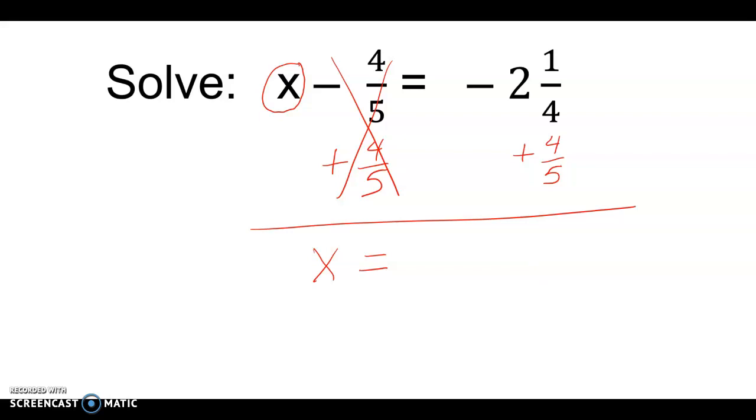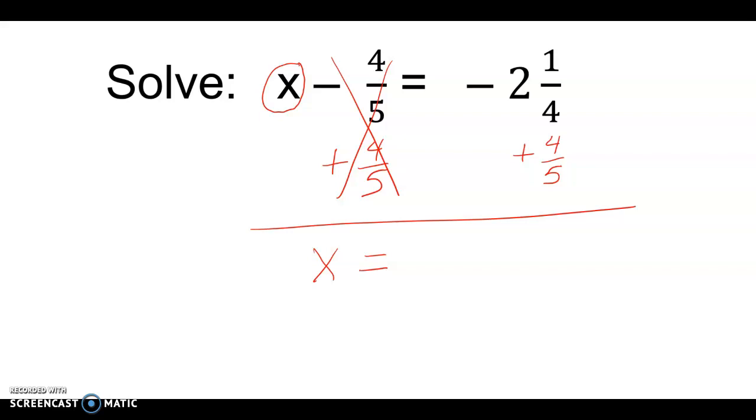But to do a mixed number in the calculator, there's a few ways to do it. One way is to hit the green second button, and then hit the fraction button. And you'll notice it'll put the 3 boxes so you can do a mixed number.